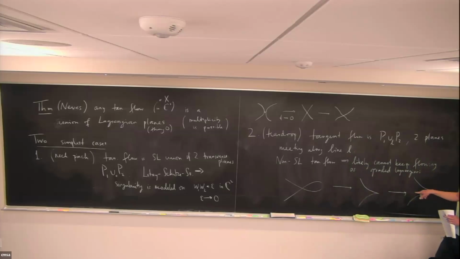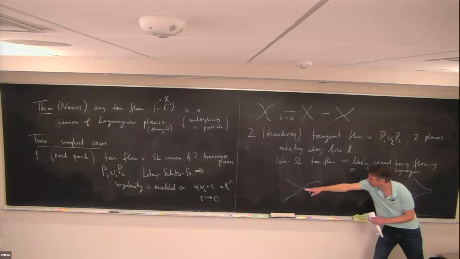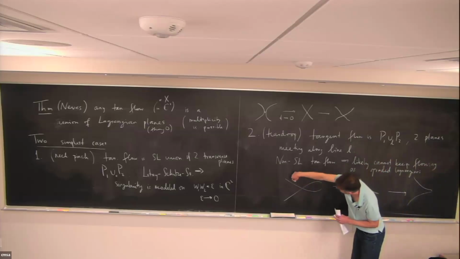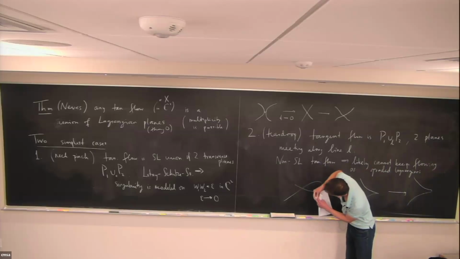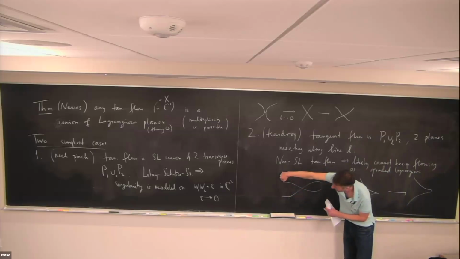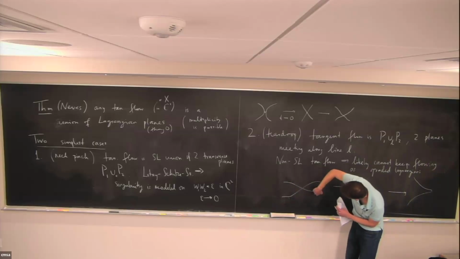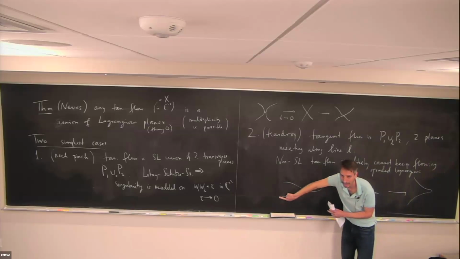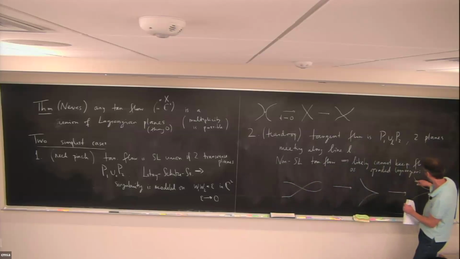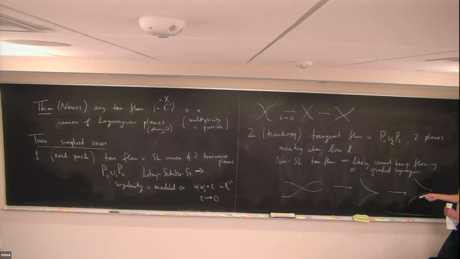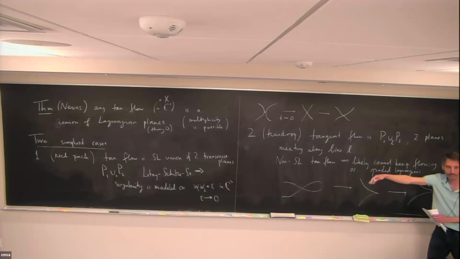You lose about pi of the angle, or 2 pi. If this is angle 0, and then you go around, then this will be angle pi. But if you do it here and you go in with 0, then this will be minus pi. So you can't consistently define the grading through this process.